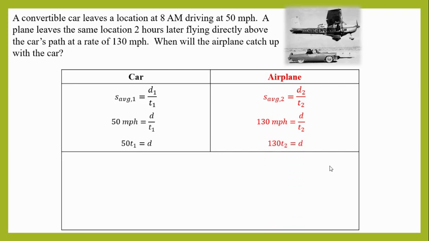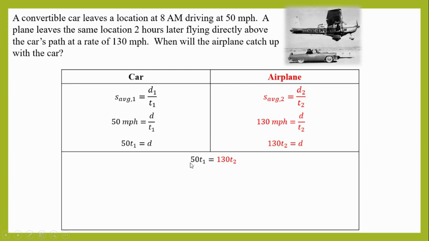So we have 130 T2 equals D. And then you would want to set these two functions equal to each other because we don't know what that distance is, but we know that that is the distance that both objects have to travel. And that is the commonality between these two objects. Okay, so if you do that, you have 50 T1, which is equal to 130 T2.